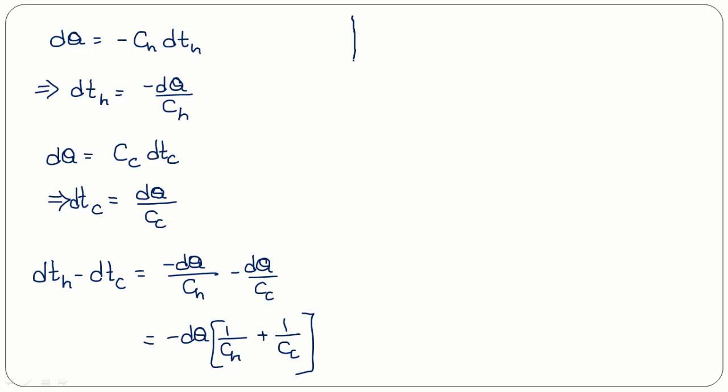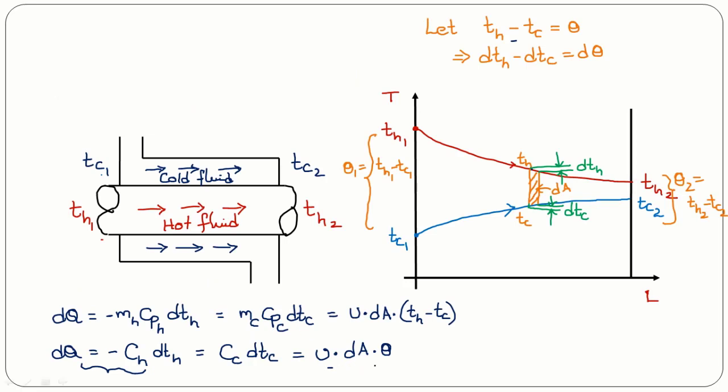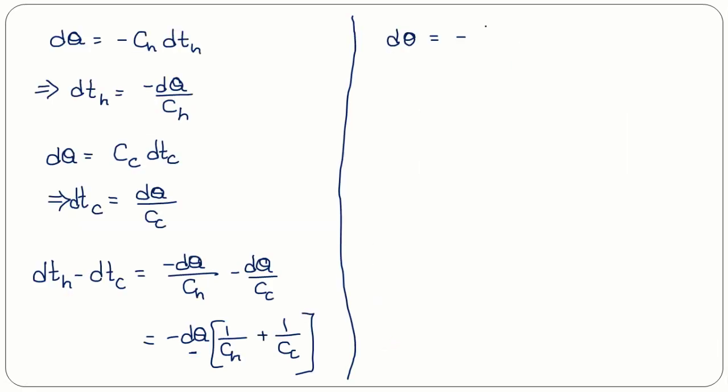Now dTh minus dTc we have considered it as d theta. So this will be equal to minus, instead of this dq we can write U dA into theta. So therefore minus U dA into theta into 1 by Ch plus 1 by Cc.